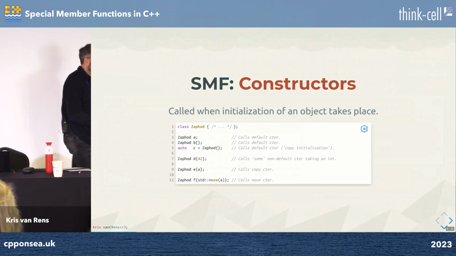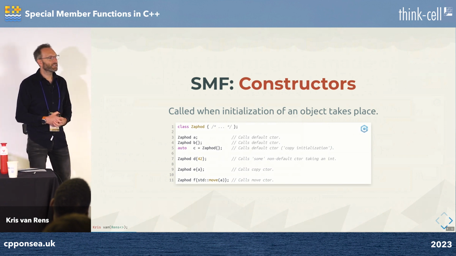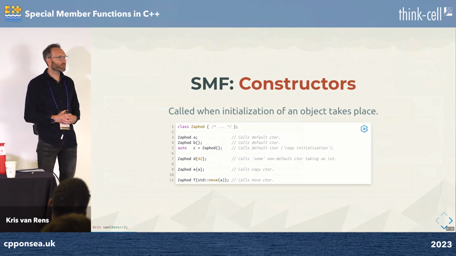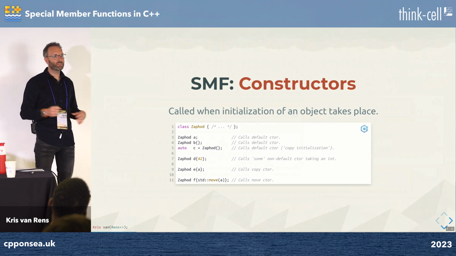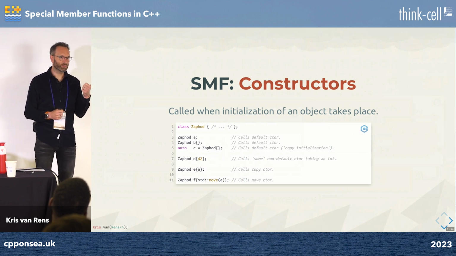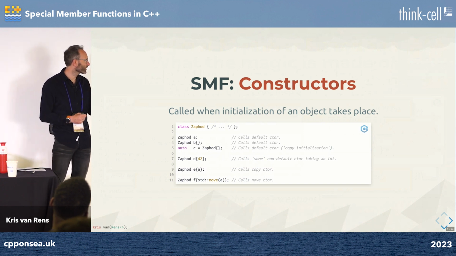If you are going to dive into constructors, you will see in literature or on blogs or whatever resource you're consulting, there will be a lot of talk about all these different kinds of constructors. We have constexpr constructors, inheriting constructors, default constructors, non-default constructors.